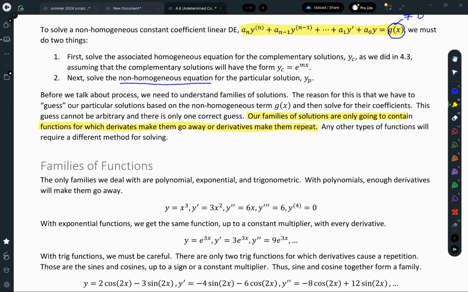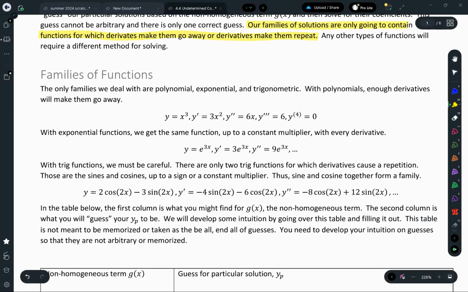We're going to be after nice functions. In order to talk about nice functions, I need to give you some examples. Our families of functions that we want to work with are going to be polynomial, exponential, and trigonometric, but only certain exponential and certain trigonometric functions. For exponential, we want base e exponential functions.